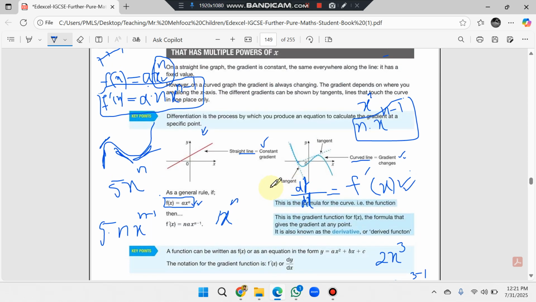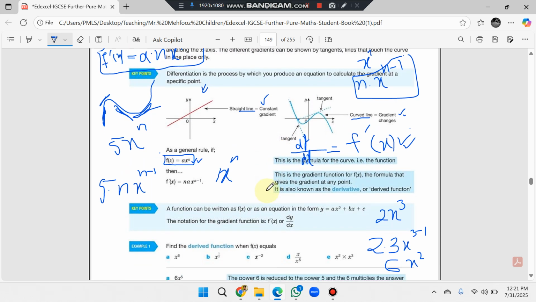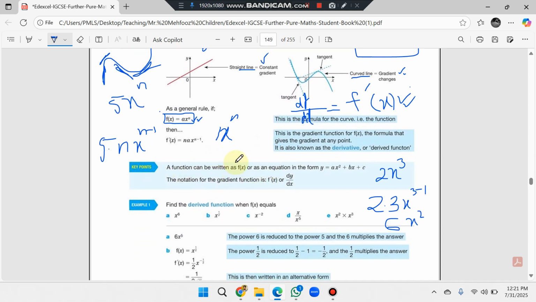Yes. Okay. Now you can see that a function can be written as f of x or as an equation in the form y equals ax squared plus bx plus c. The notation for the gradient function is f prime of x and dy by dx. Now we have found the derivative of this type of function.